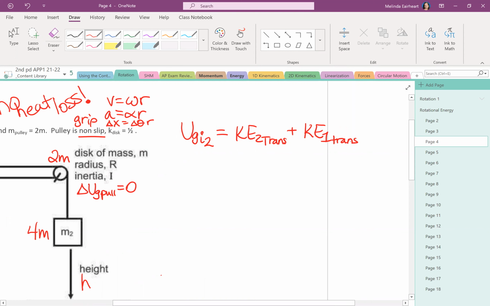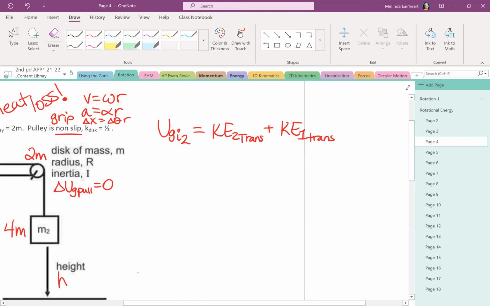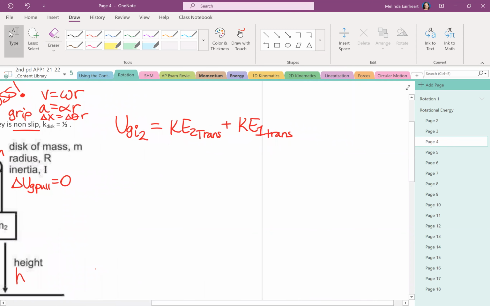And then what's the pulley going to do? It's going to rotate, right? So it'd be KE of the pulley, and it would be rotational. Now let's plug in the equations for each and see what happens.